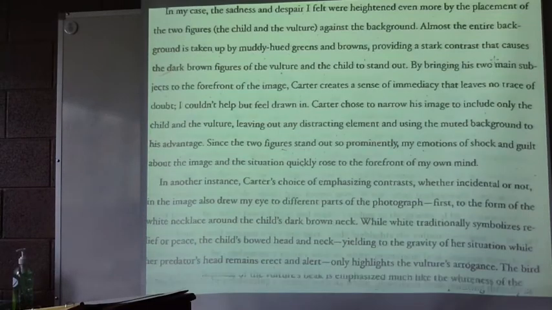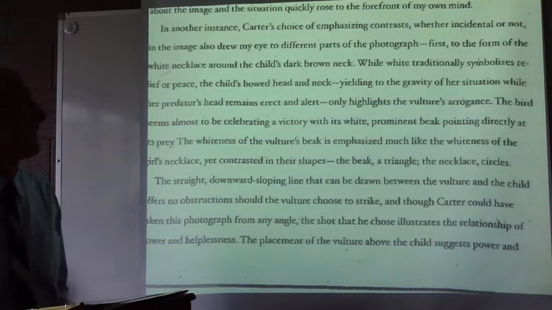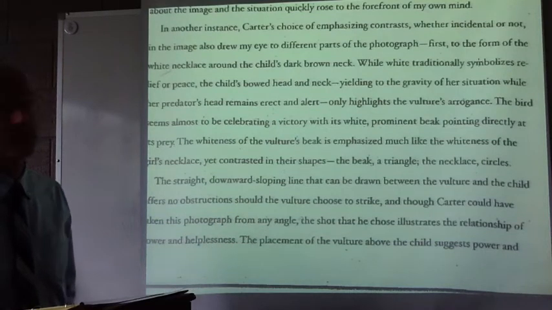So more effects. "In another instance, Carter's choice of emphasizing contrasts, whether incidental or not," so sometimes they do just happen, "in the image also drew my eye to different parts of the photograph. First, to the form of the white necklace around the child's dark brown neck," so we're getting to shapes and colors.